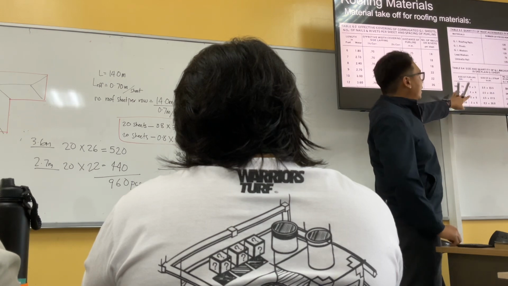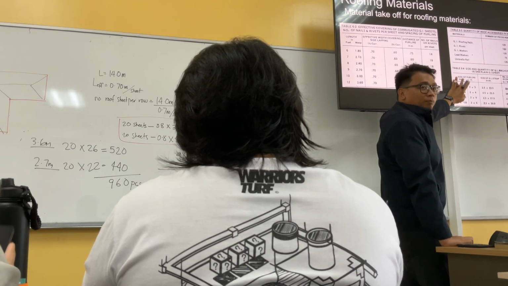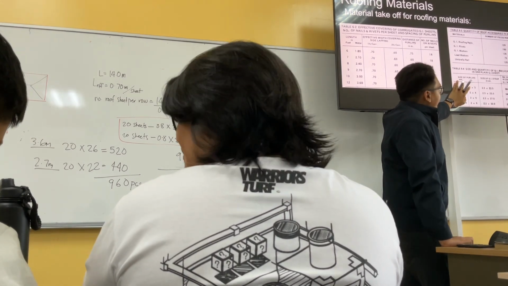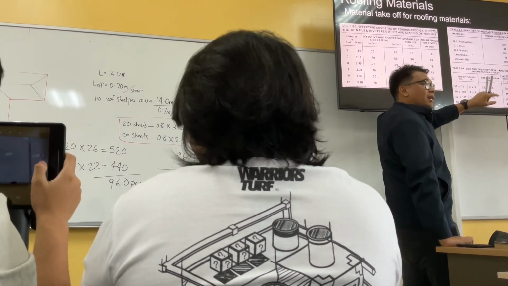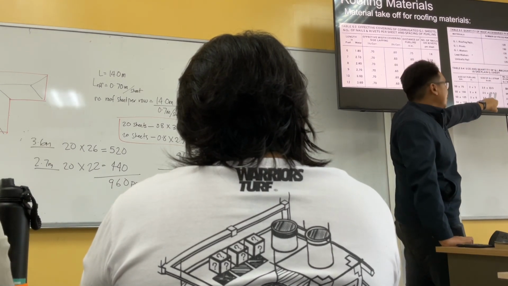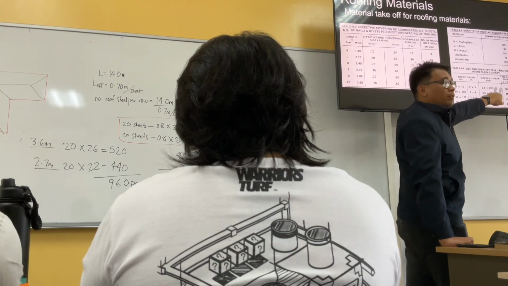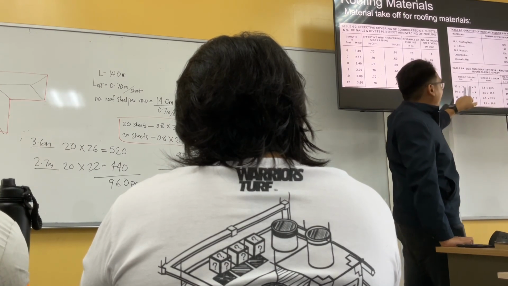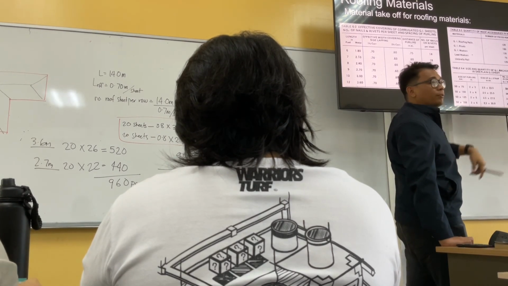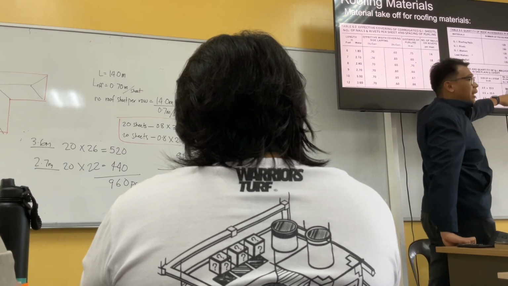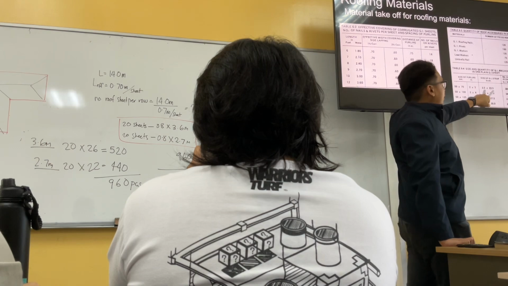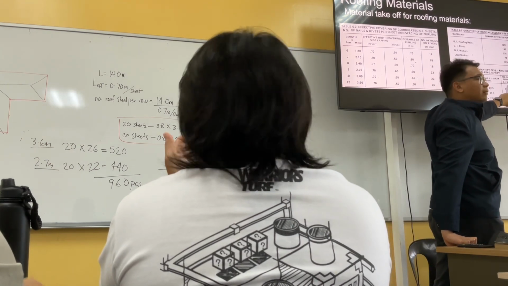Next, the GI strap for your purlins. You can use a strap on the purlin, with a size of 2.5 by 22.5 centimeters. Then for one GI sheet, the answer is 384 pieces. Is there a way to confirm this value?